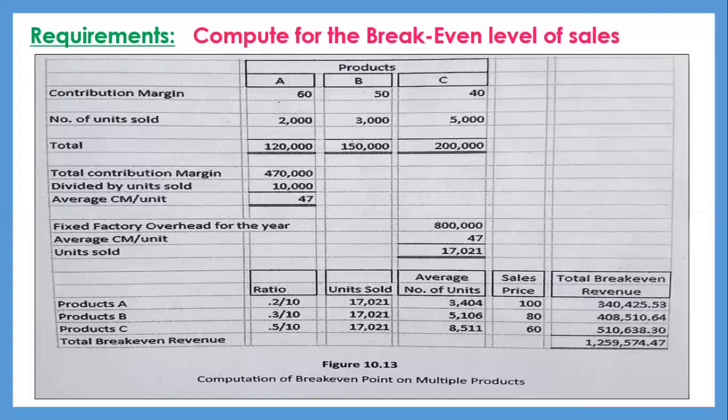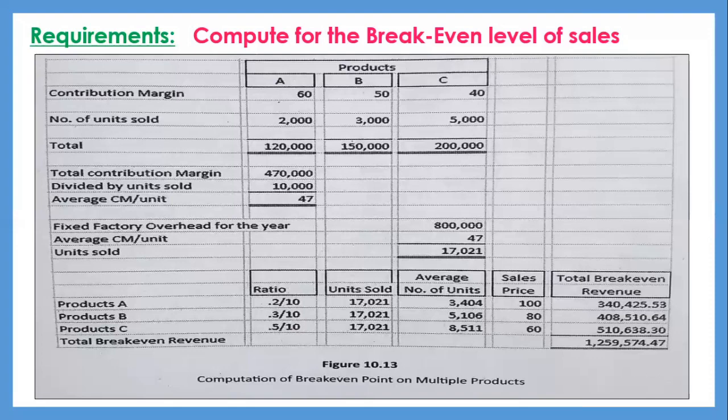200,000. Now the total contribution margin then, that would be 120,000 plus 150,000, so that would be 270,000 plus 200,000, and therefore our total contribution margin is 470,000. So we need to divide this one by the units sold.